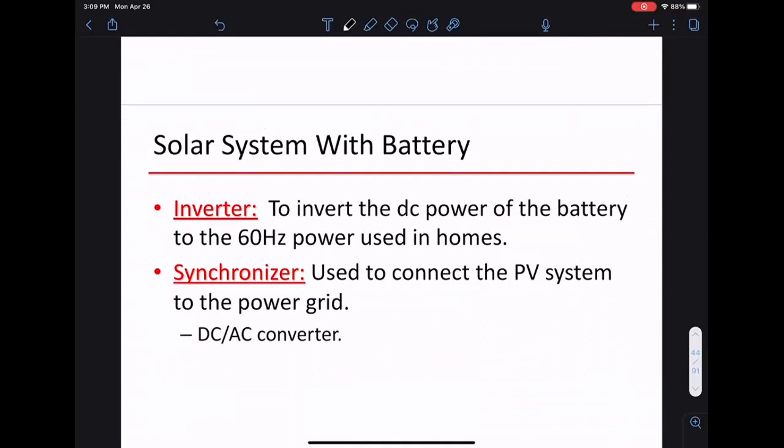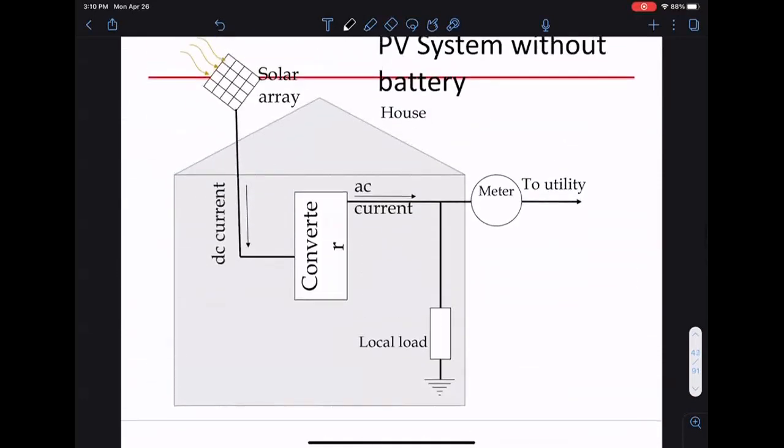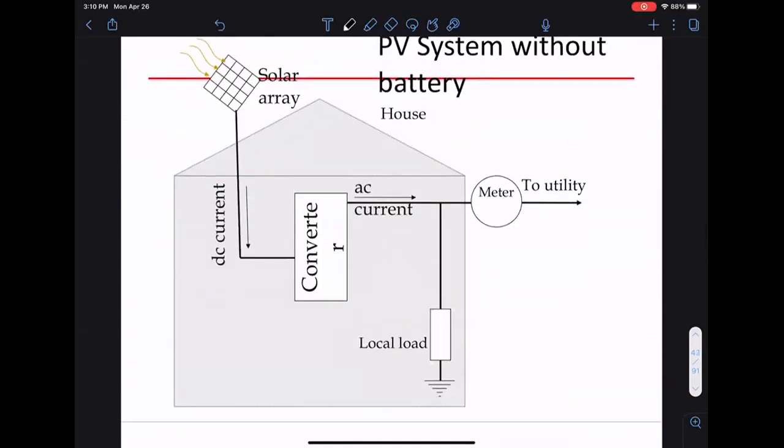You need to convert to 60 Hertz AC, and then synchronize this AC waveform with the grid, if you're interfacing with the utility. So if you install solar on your roof, there's quite a bit of electronics and control circuitry in this converter that you need to make it work with the utility and with the battery.